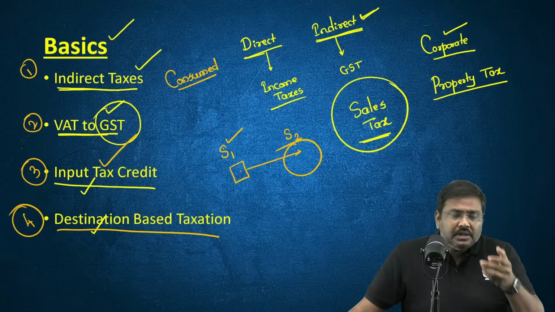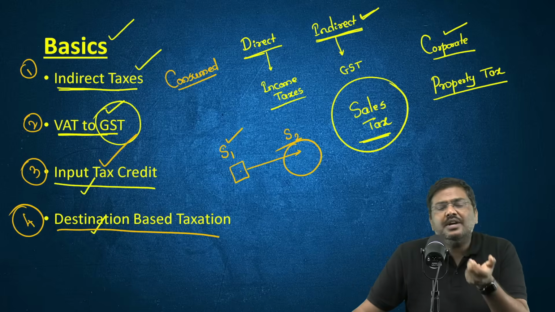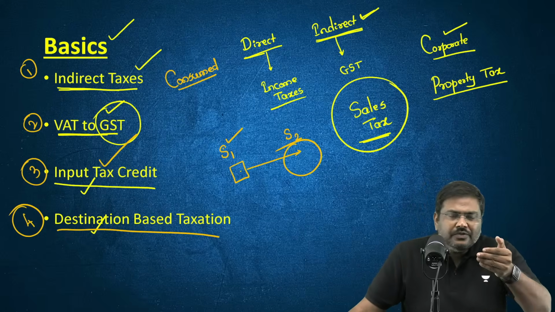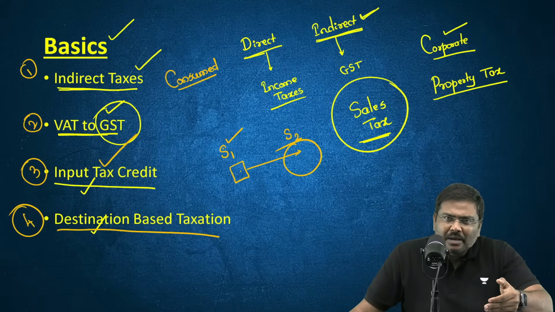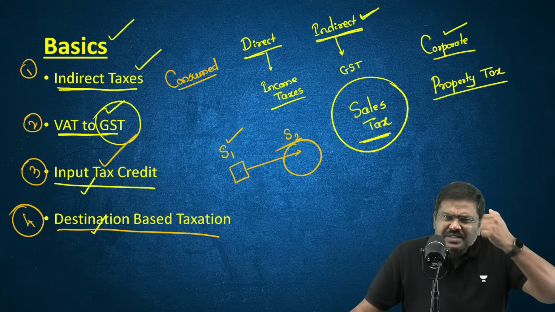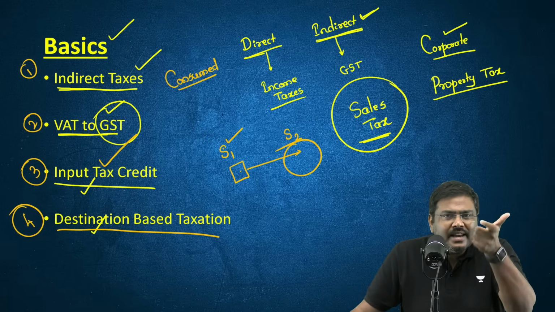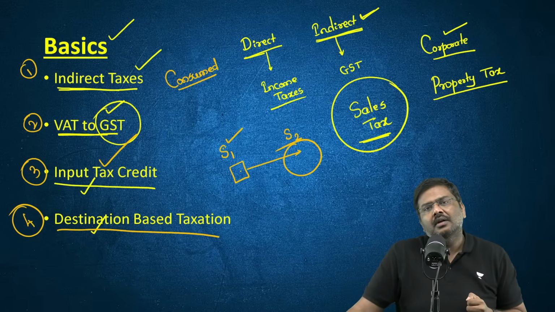Why? Tamil Nadu is a production state. So if the GST model is a destination based model, Tamil Nadu will be losing a lot of tax revenues under the GST.